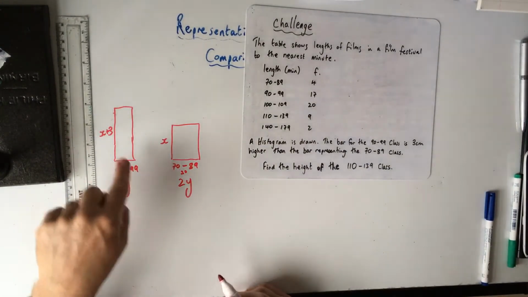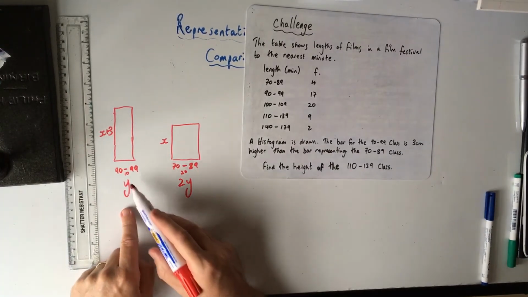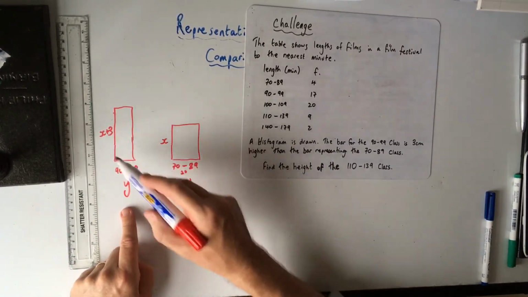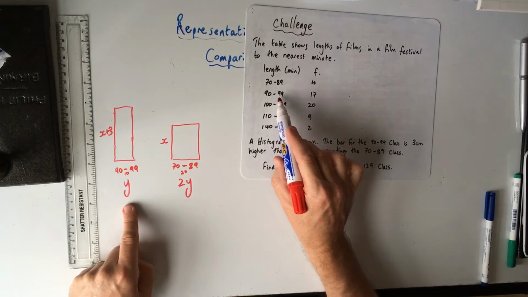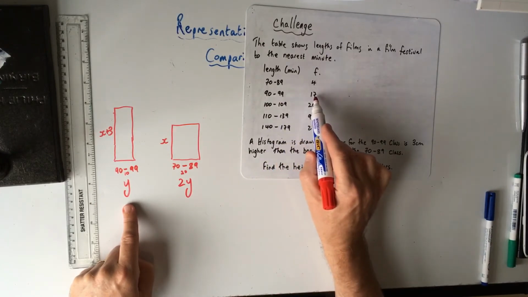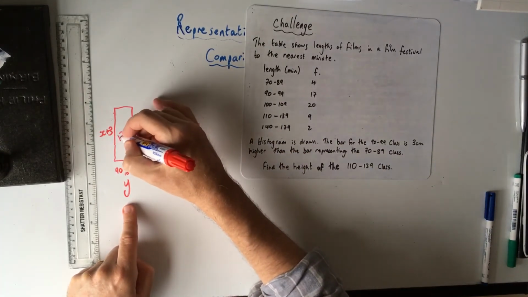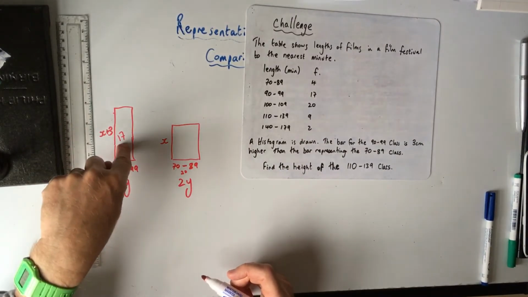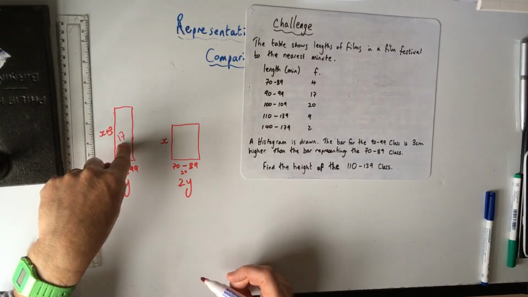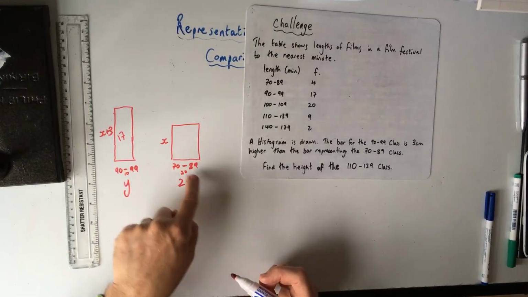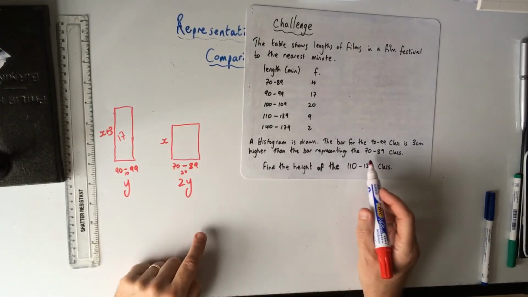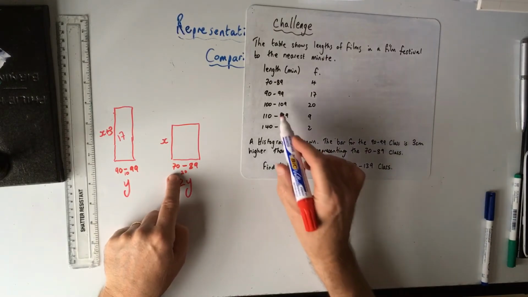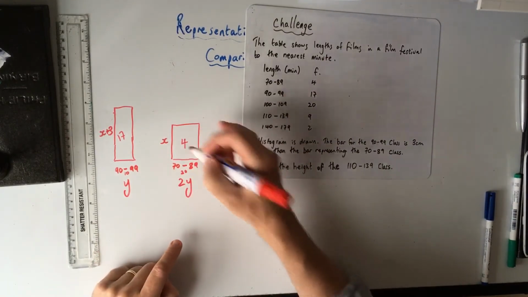Now we can get two equations, can't we? Because we know that the frequency of the 90 to 99 is 17. So we know that that width times that height has to give us 17. Okay. And this one here, 70 to 89, has to give us 4.